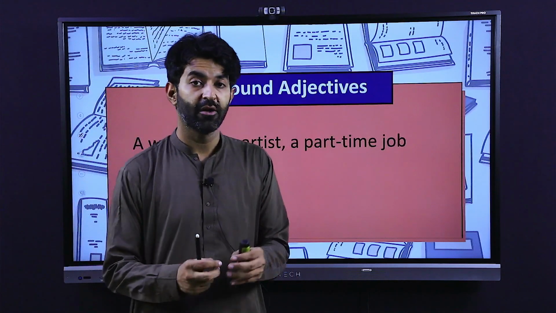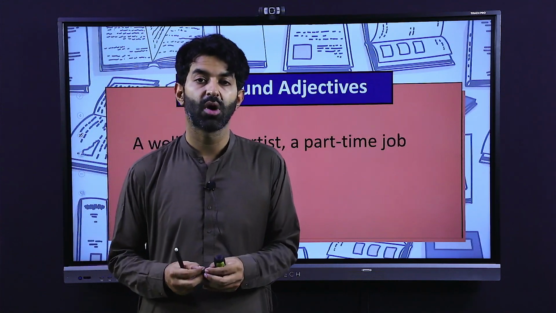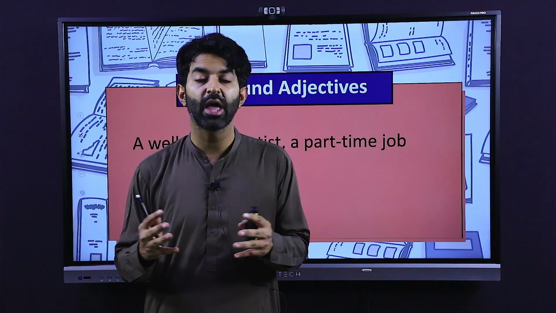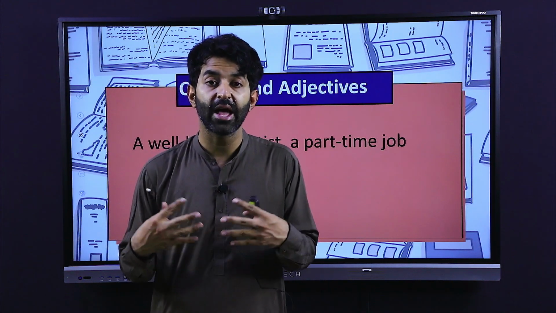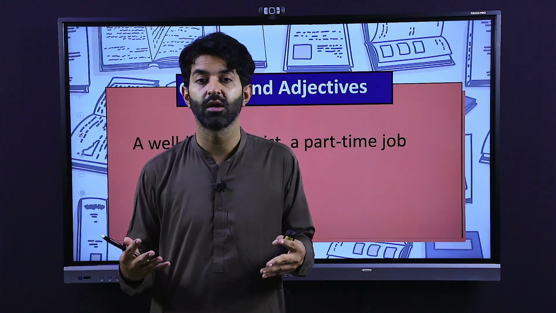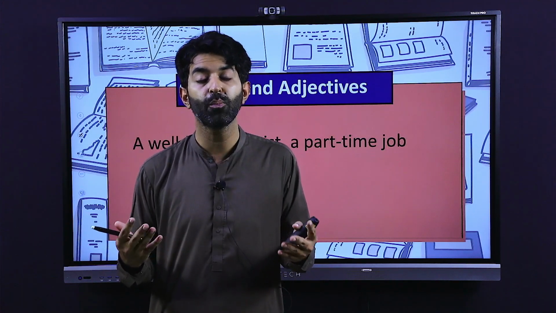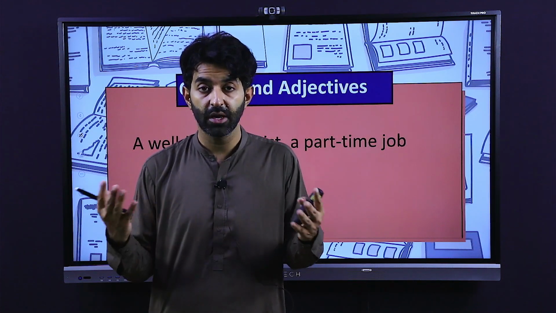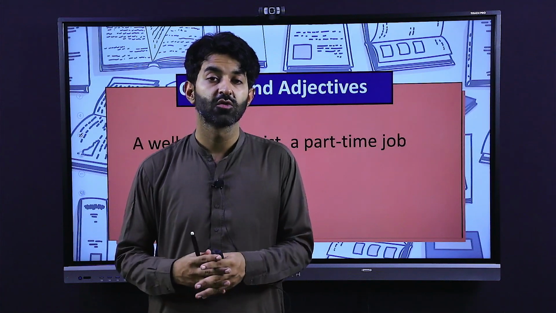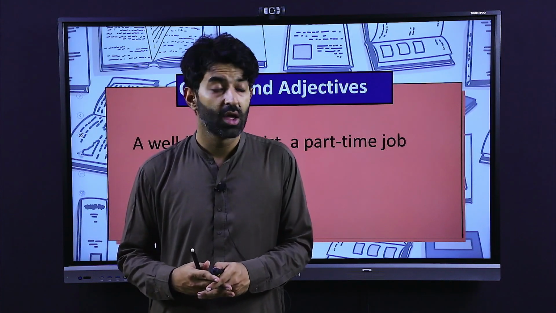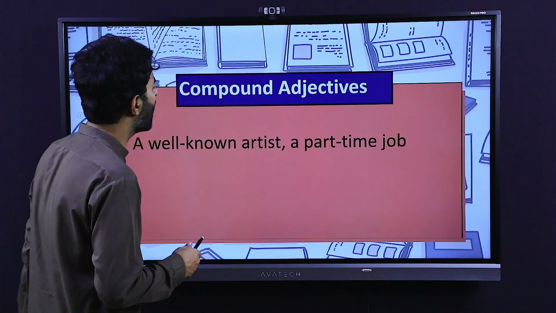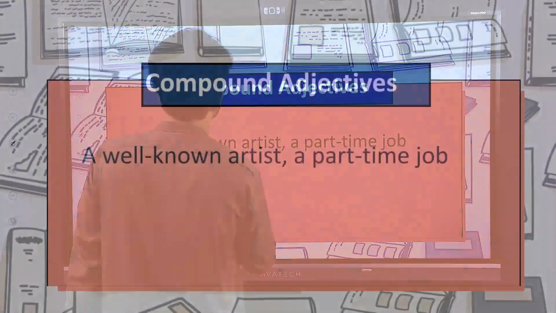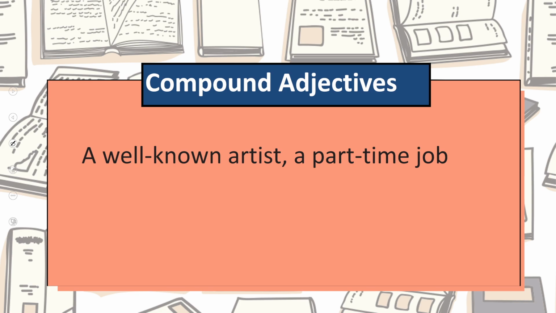We use hyphen punctuation marks for compound adjectives. We know that adjectives are used for modifying our noun or pronoun. We give qualities, and that can be so many different qualities that we assign. So they are called our adjectives. Now, when we have two different adjectives, more than one, we call them compound adjectives.